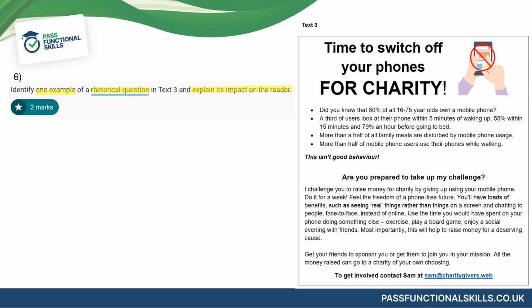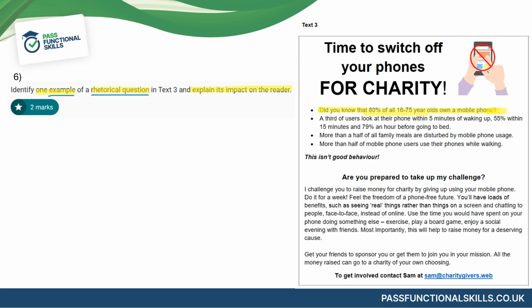When a question asks you for an example, we usually need to pull something directly from the text. So we can look out for a question mark, which we've got here in the text, and we just need to check that that is a rhetorical question. So it's something that the author's not expecting an answer from. "Did you know that 80% of all 16 to 75-year-olds own a mobile phone?"